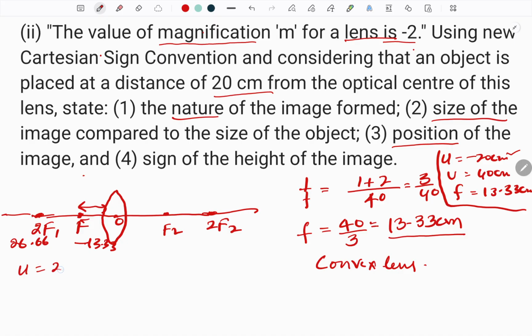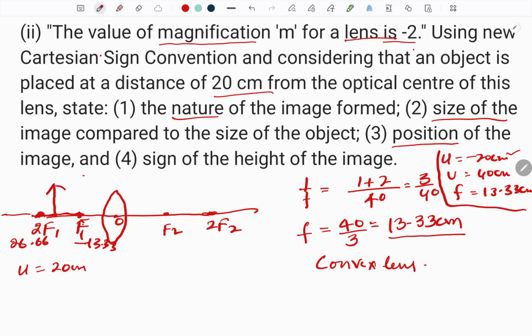That means the object should be between F1 and 2F1. So we can draw the object over here between F1 and 2F1, right? The object is at 20 centimeters distance.